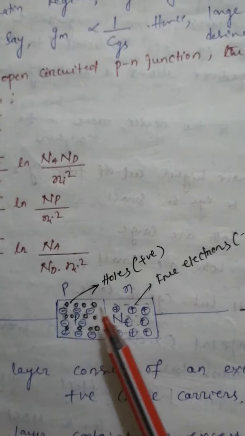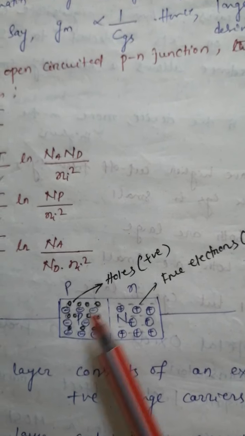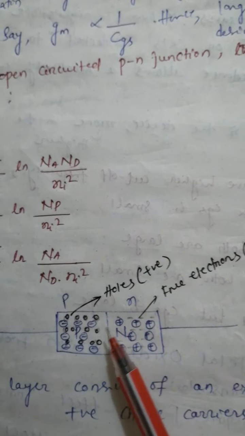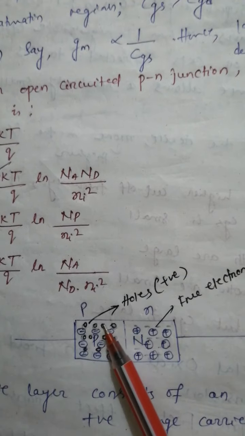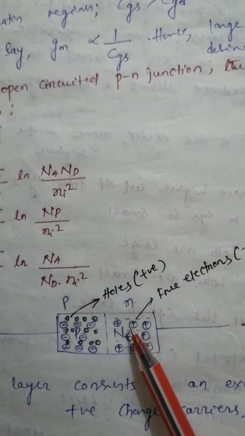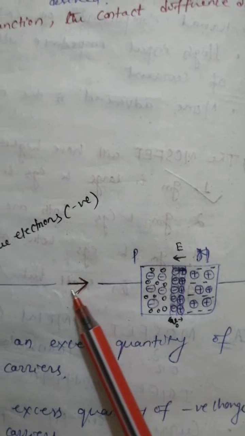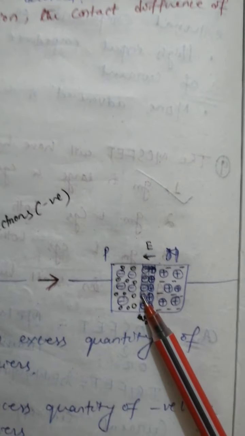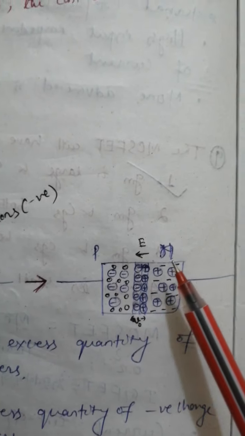This is the state when the p material and the n material are just attached, that means no interaction has started yet. Now I have shown a right arrow, that means what happens after the interaction starts. After the interaction starts, you will find a depletion region, where you will find the bound charge carriers.